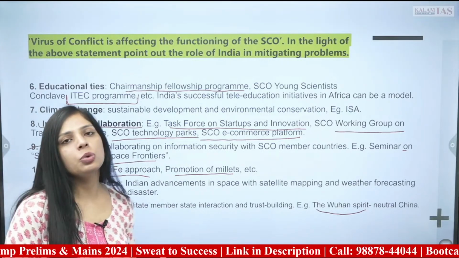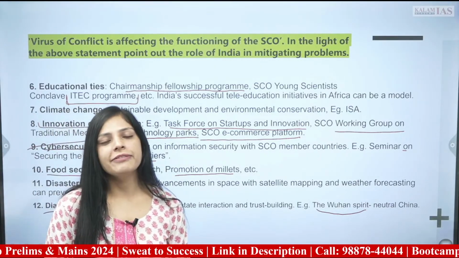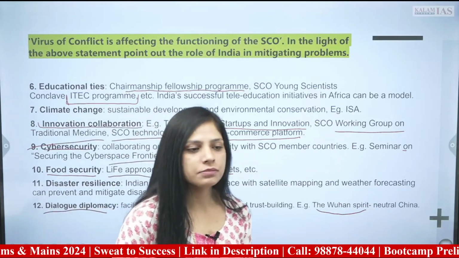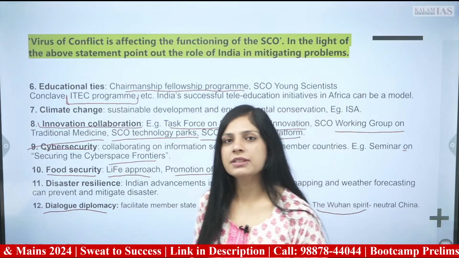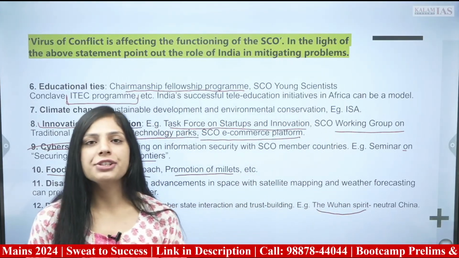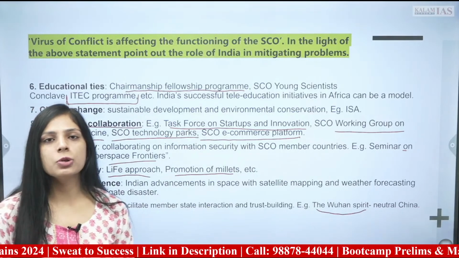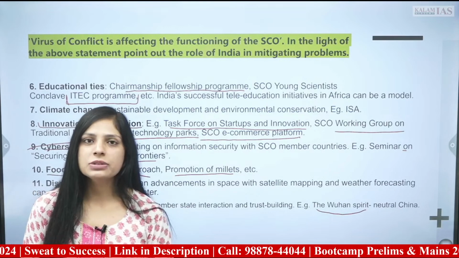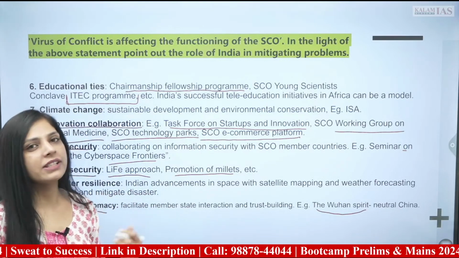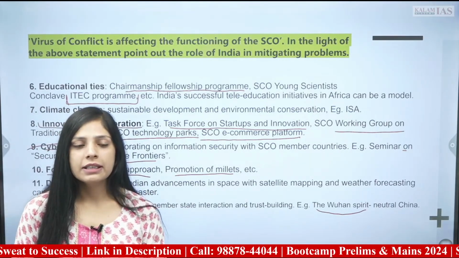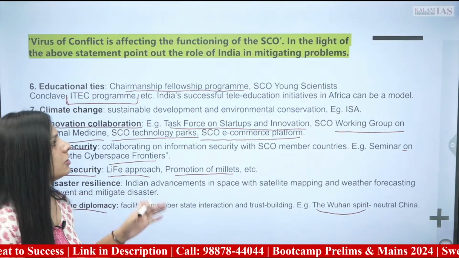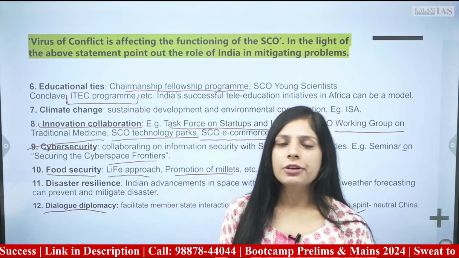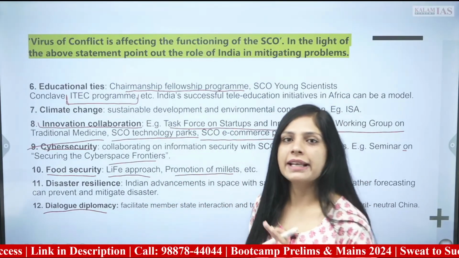It even led China to take a very neutral stance during the India-Pakistan conflicts in the post-Pulwama times, right? Such diplomatic engagements would also go a long way in curbing long-standing issues as well, right? Cooperation would be furthered among the countries. So all these points you can write in the role of India in mitigating those challenges in SCO.